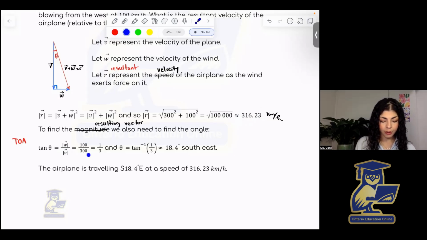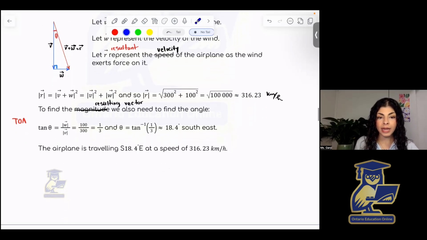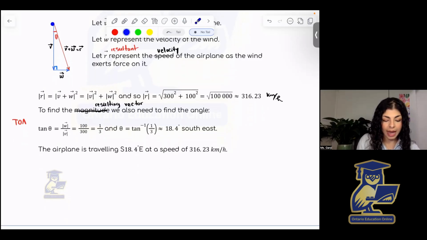So here we have 100 over 300, which is 1 over 3. And so theta is the inverse tangent of 1 over 3, which gives us approximately 18.4 degrees, and it's going southeast. So writing this, we start with south, which is this line here, and we're going 18.4 degrees towards the east.